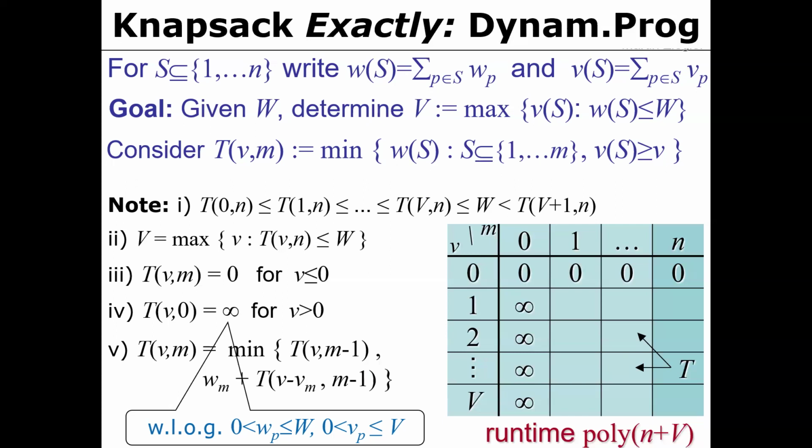Then we might have few packets, which means n is small, but they could have very large values compared to their binary length. Keep in mind, the binary length is the logarithm of the value.